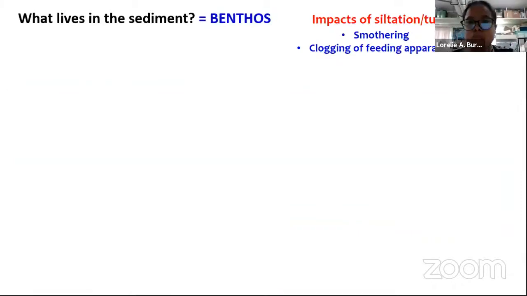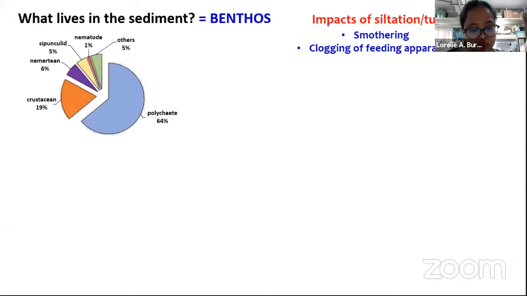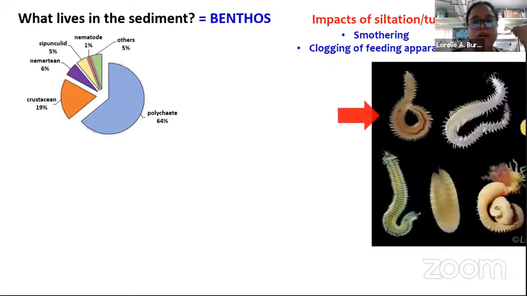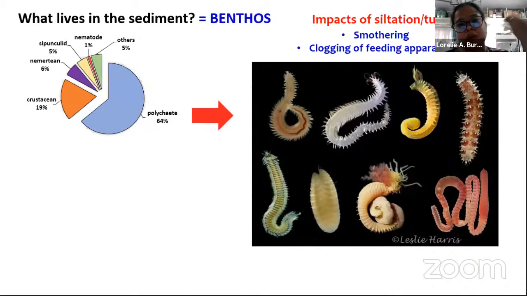These impacts include the smothering and clogging of the feeding apparatus of the benthos. Benthos includes invertebrates that are often commercially harvested, and those that live within the sediment, or what we call the infaunal organisms, of which the most dominant group is your polychaetes.